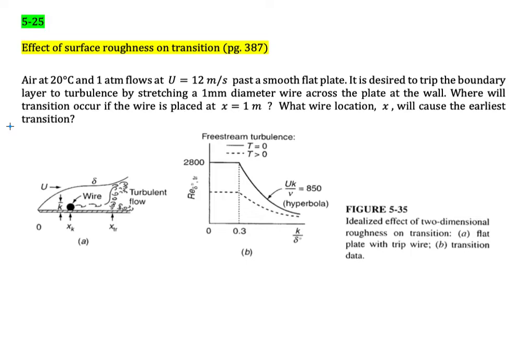But if we put the wire too early, the laminar flow will flow over the wire, but the location is not strategic, so it cannot change the energy of the laminar flow, and it still remains laminar after flowing over the wire. And then, what wire location x will cause the earliest transition?